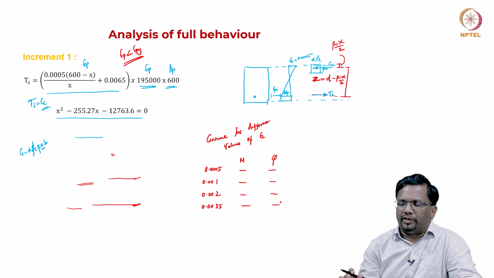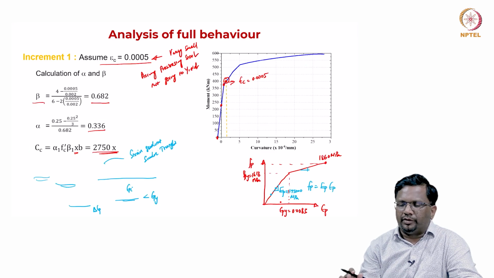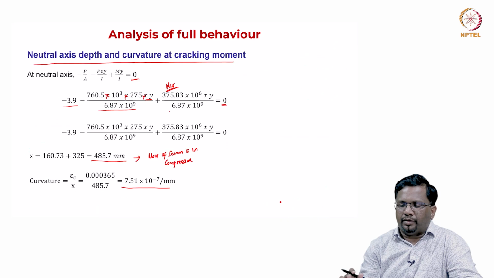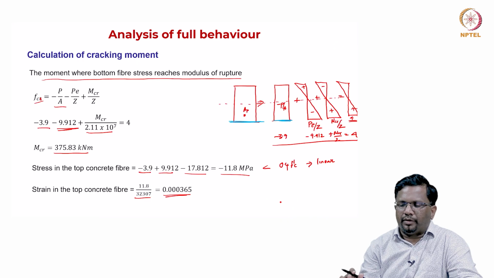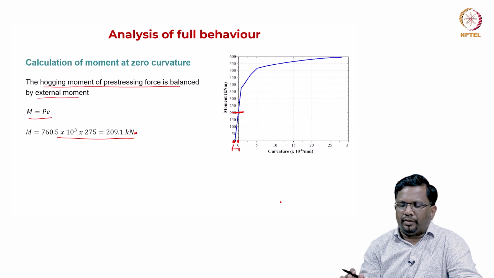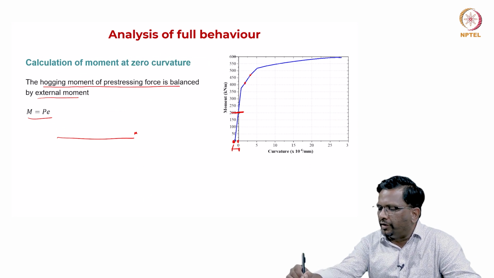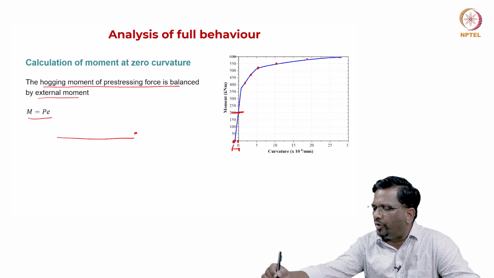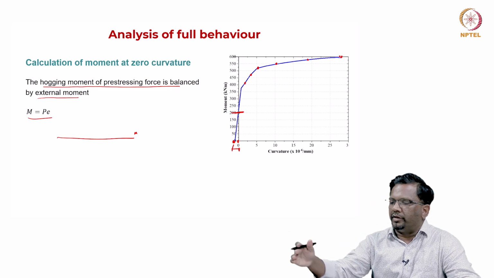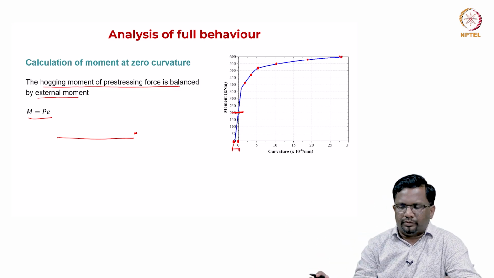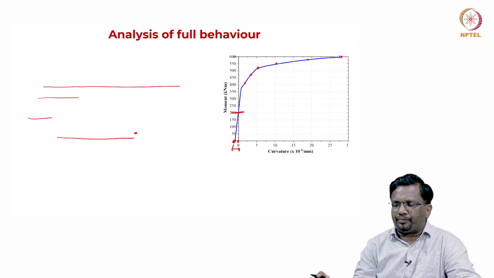That is what was given here in this table, if you see. So, this is the value. We got this value, like this I can get a family of points until the section collapses. So, that is what we have done.